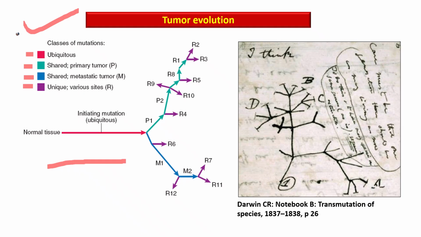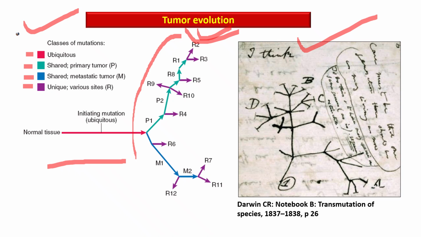So this tree illustrates how after the initiation of the mutation, the tumor branches out genetically into multiple subclones, each acquiring distinct mutations. This structure mimics evolutionary divergence.